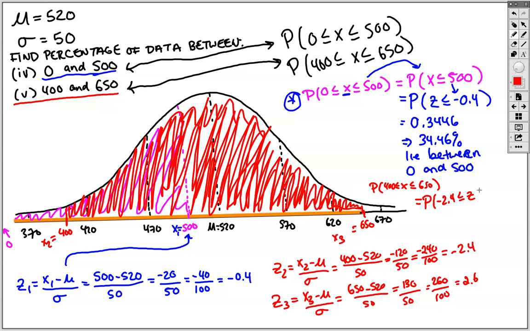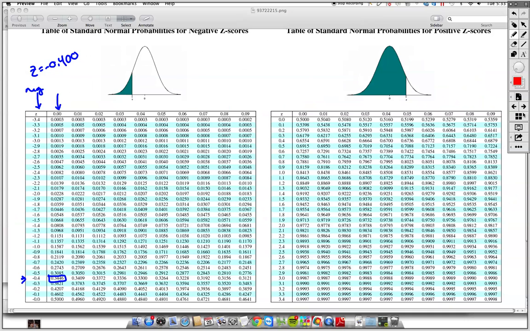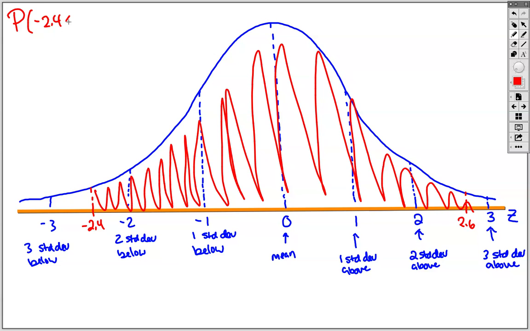We're good. And 2.6. Okay, let's go to our other page. So, okay, so this is equal to, and this is the difficult part, so try to bear with me.